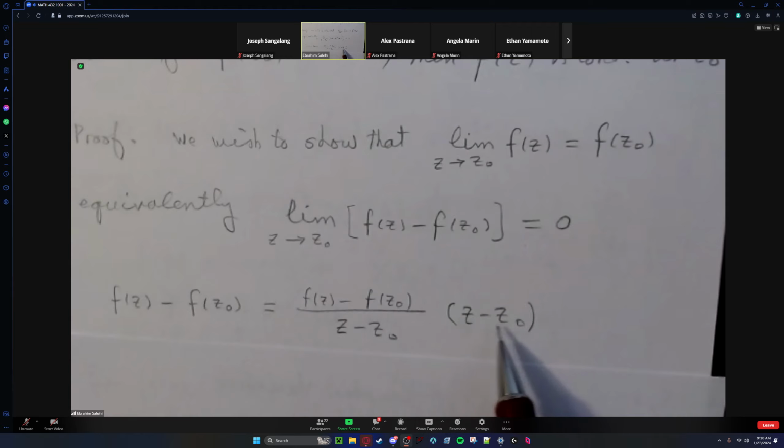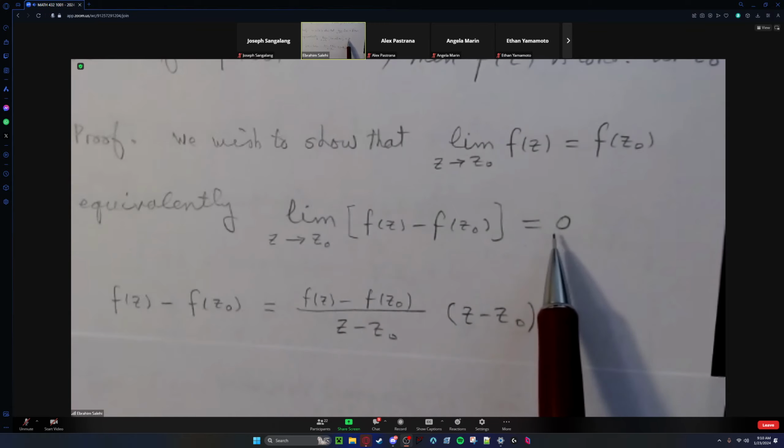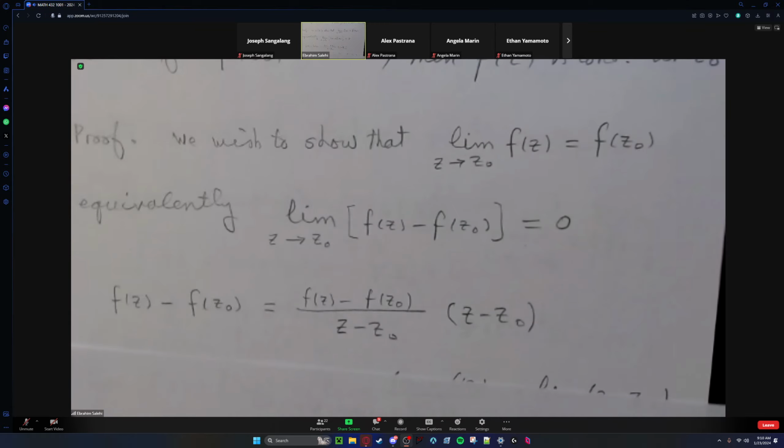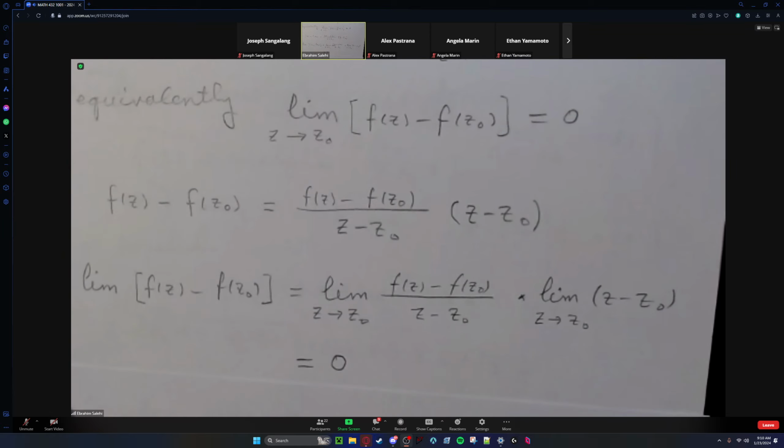And the limit of this guy as z approaches z 0, of course, is 0. So you will get 0. It's done. So if the function has a derivative, it definitely is continuous.